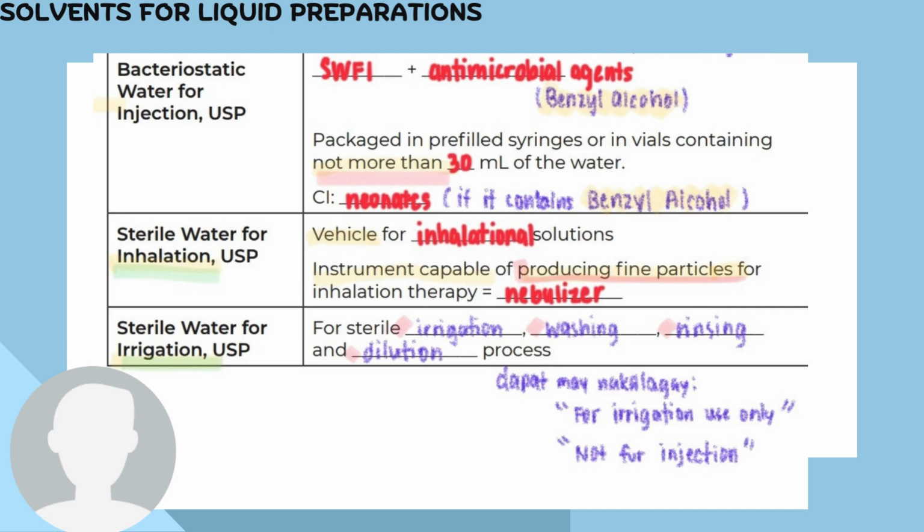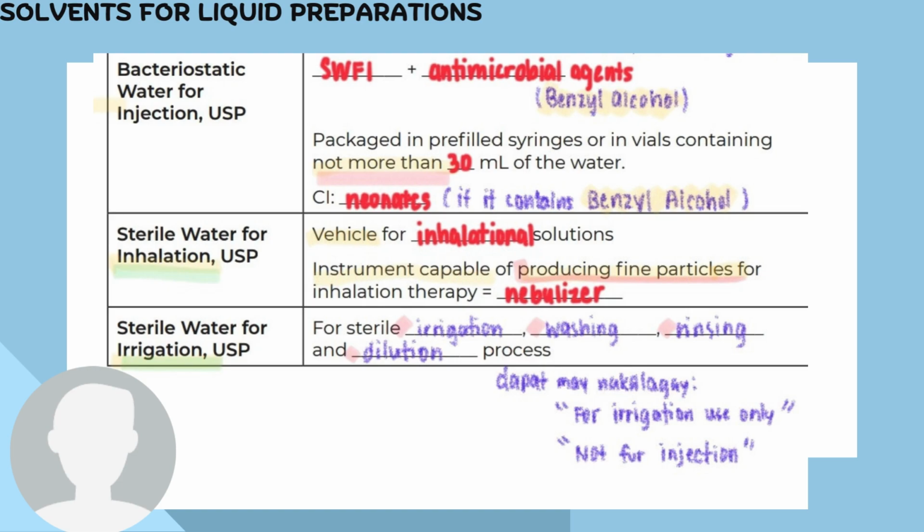And then next, the sterile water for inhalation (USP). This one is a purified water that has been sterilized and is used as a vehicle for inhalation solutions, like for nebulizers. So it's used as a diluent or vehicle for drugs that will be inhaled through a nebulizer or inhalation device.